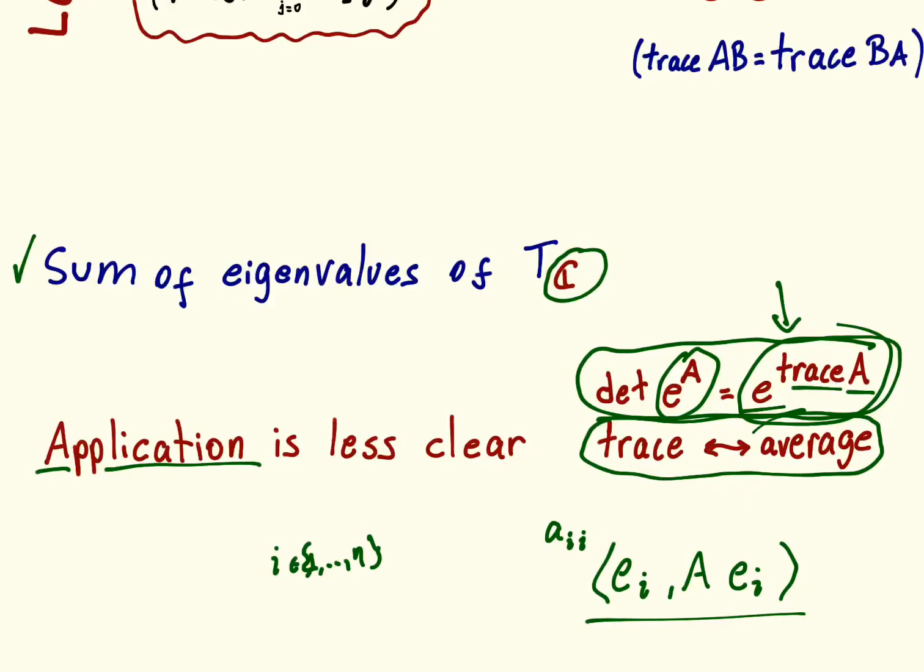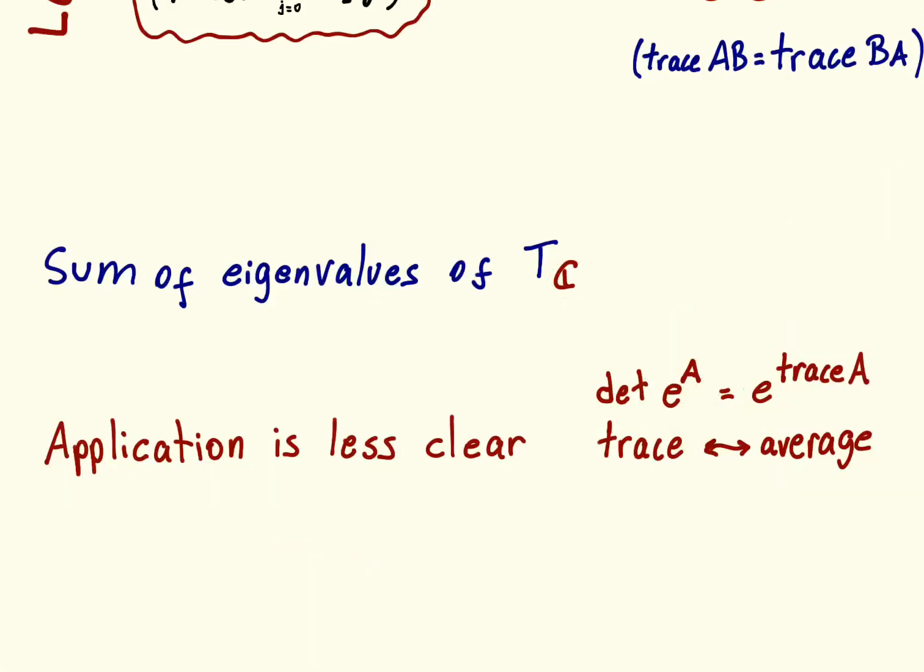And here e to the A is a notation that means identity plus A plus A squared divided by 2 plus and so on, A to the k divided by k factorial plus, we compute this infinite sum of matrices, we call it e to the A, we compute the determinant, we get e to the trace of A, and this is a very useful concept in many branches of mathematics.